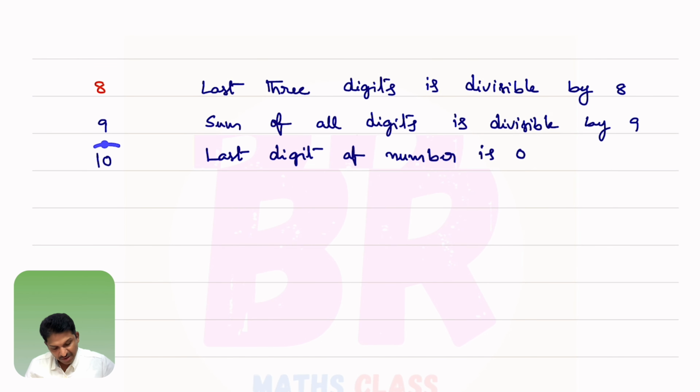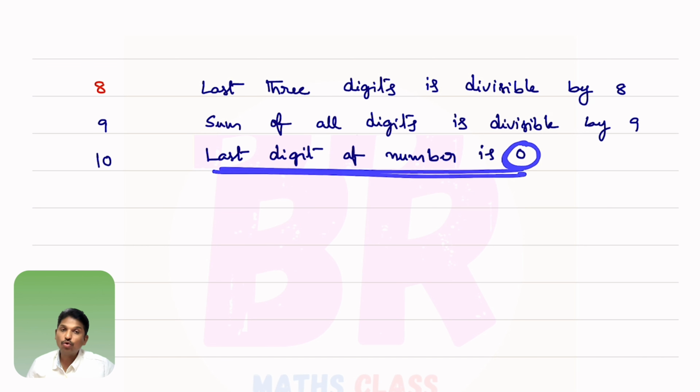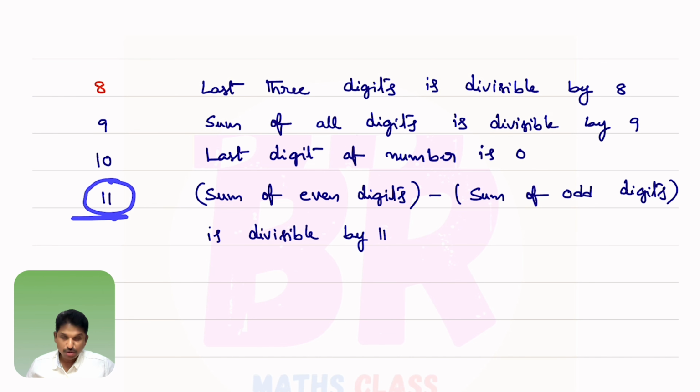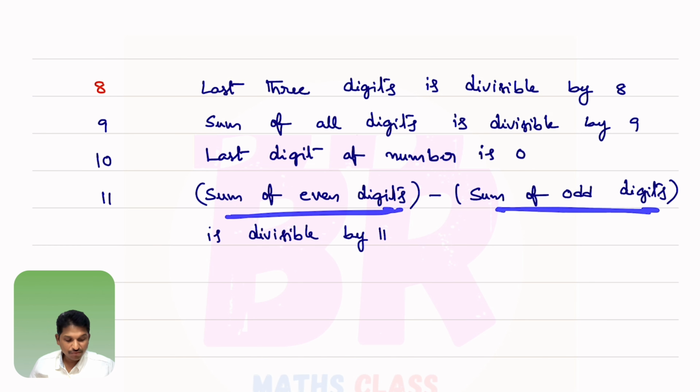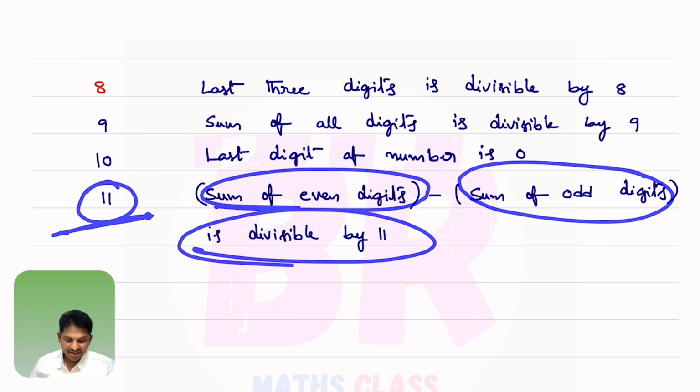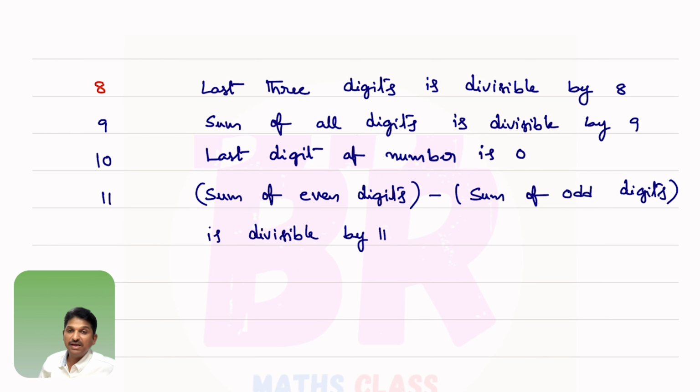A number is divisible by 10 if its last digit is 0. A number is divisible by 11 if the difference of the sum of even-place digits and the sum of odd-place digits is divisible by 11.